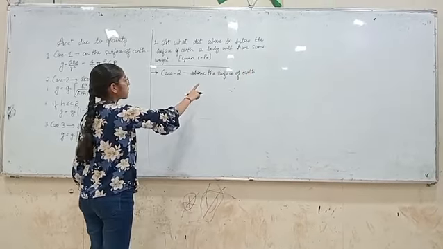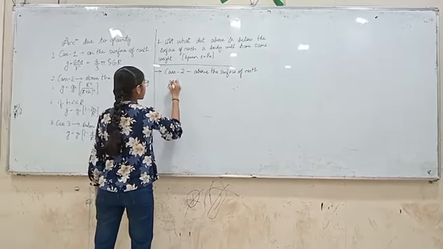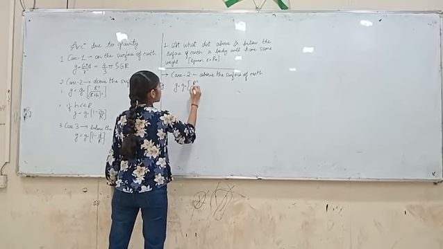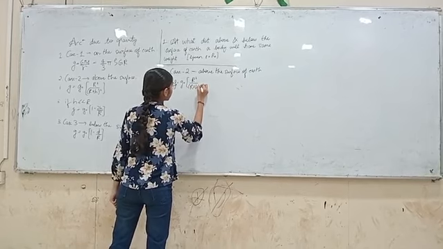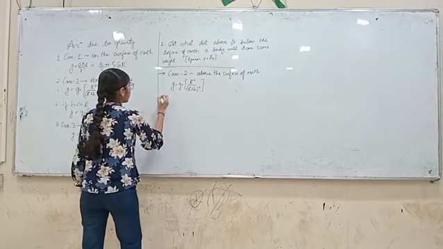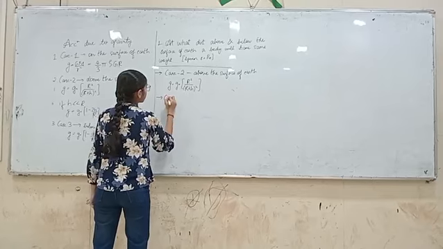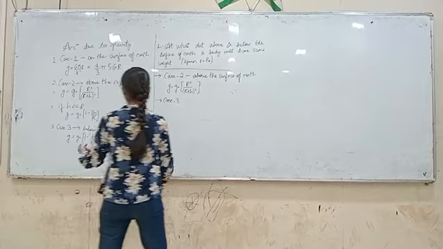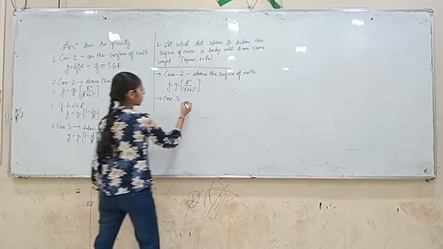For above the surface of the earth, the formula is g naught into R square by (R plus h) the whole square. And for below the surface of the earth, we need to apply case 3.